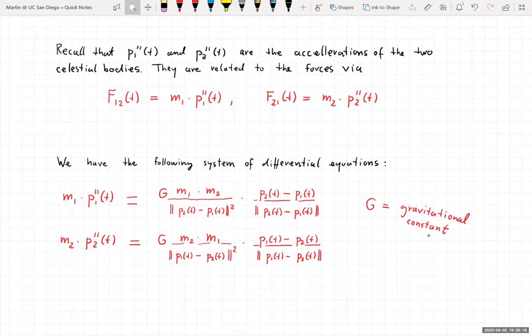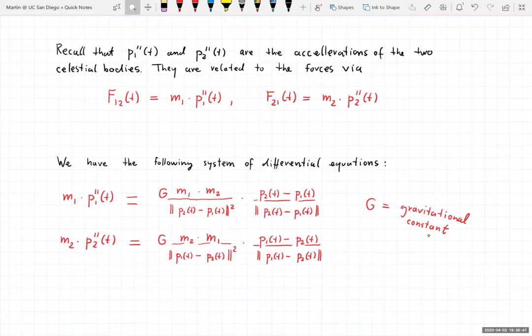We've got m1 times p1 prime prime of t is equal the definition of the force vector f12 of t, and m2 times p2 prime prime of t is equal the definition of the second force vector.